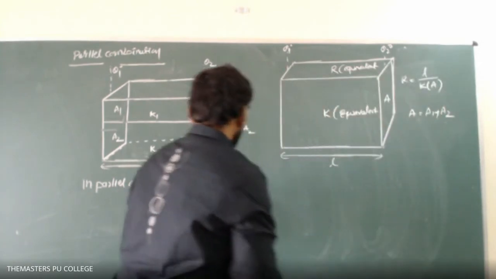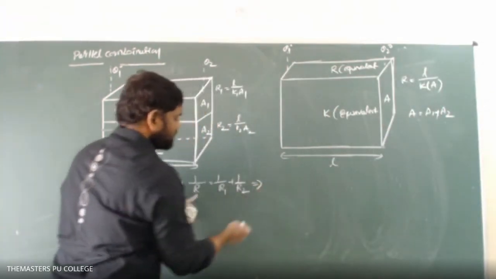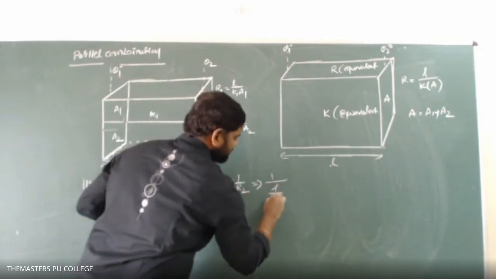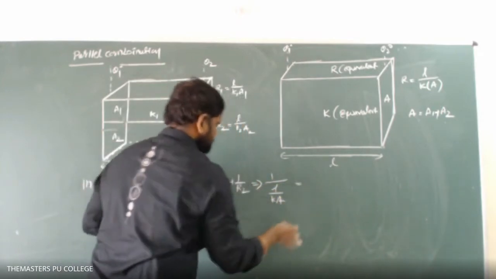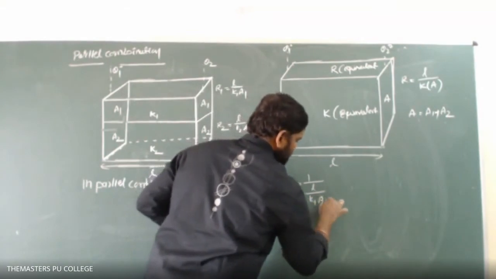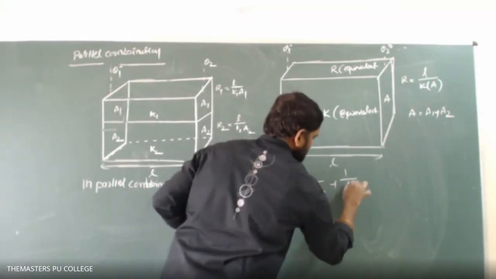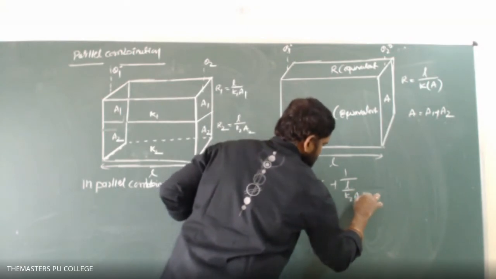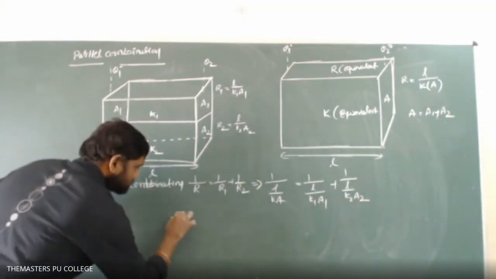So 1 by r, that's equal to 1 divided by L by ka, equals 1 divided by L divided by k1 a1 plus 1 divided by L divided by k2 a2. So then we can use this relation.